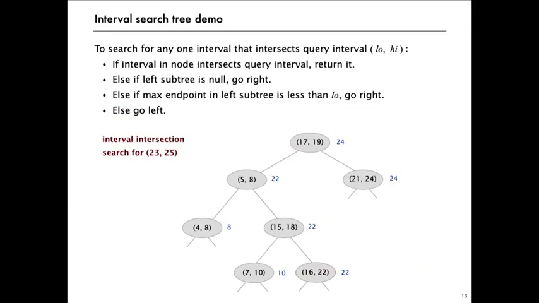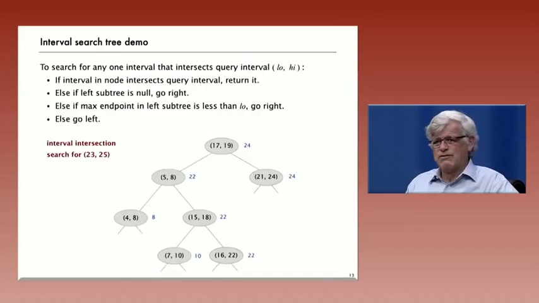All right, so now, how do we do a search? The search is definitely more complicated and kind of mysterious, but let's look at the rules for search in an interval search tree. Now we're going to see if we have an intersection. We want to find just any interval that intersects this query interval 23, 25.